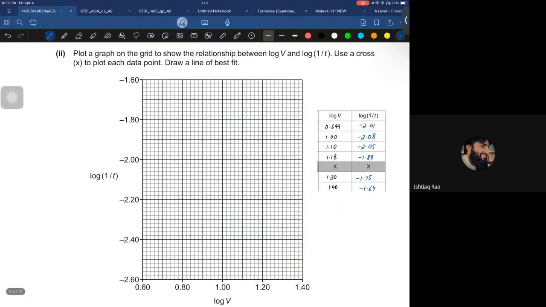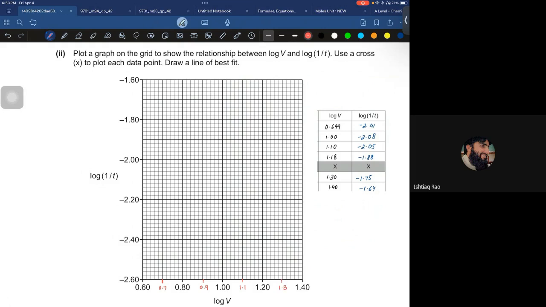Number one, at 0.699, of course, this is 0.7, this is 0.9, 1.1, and then 1.3.